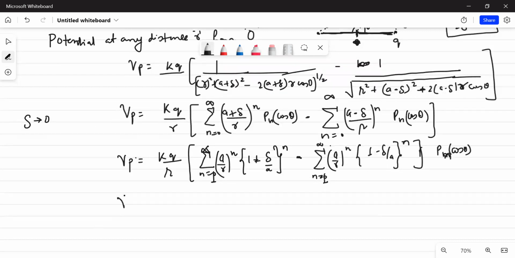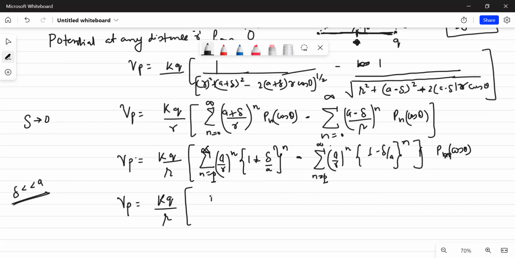So now my potential at P would be equals to KQ upon small r. And what should I do? I'll take a binomial expansion from here. I know that your del is very, very less than A, because after all, you know, del was tending to 0, isn't it?